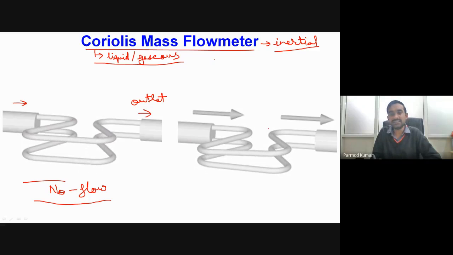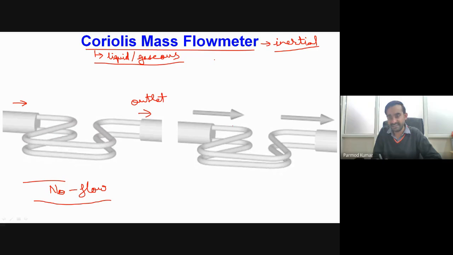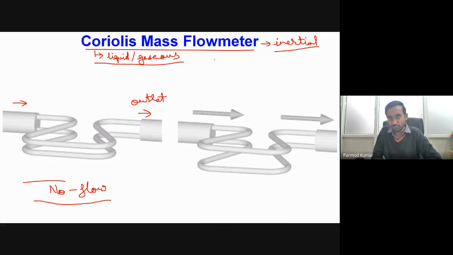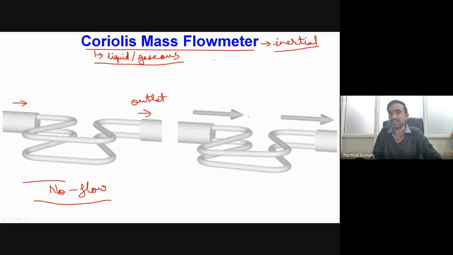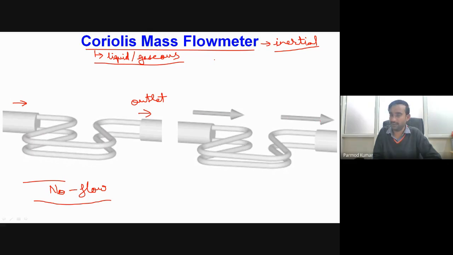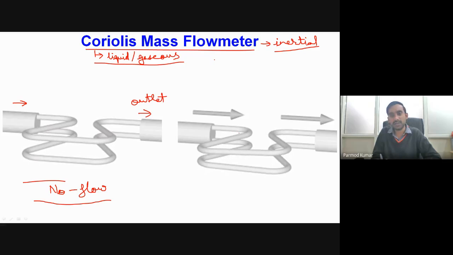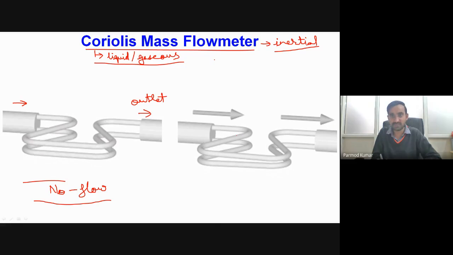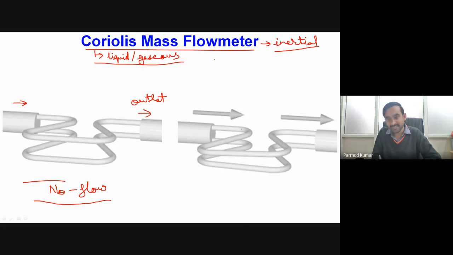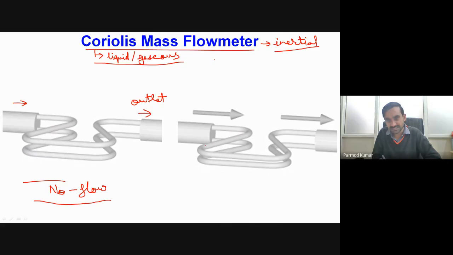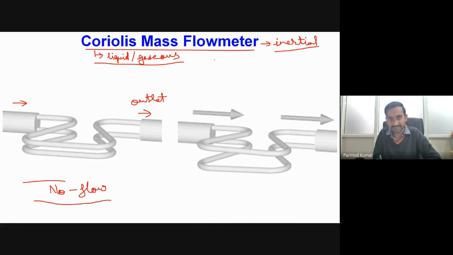Then you can consider another situation on the right hand side, while fluid is flowing from the left direction and moving in the rightward direction. In this situation, you can see that we are having the motion of fluid medium inside this particular tube.